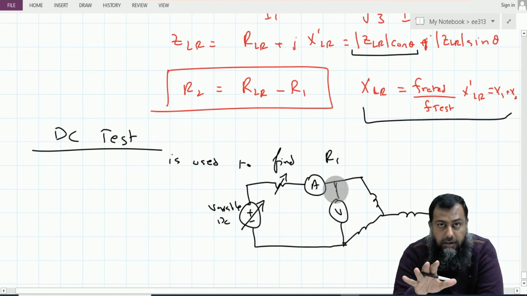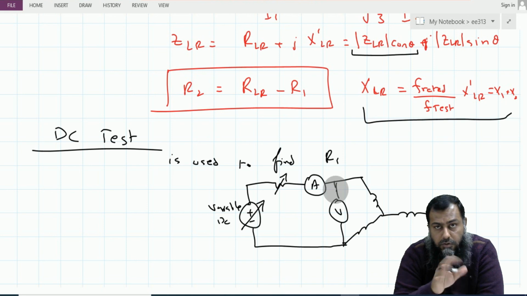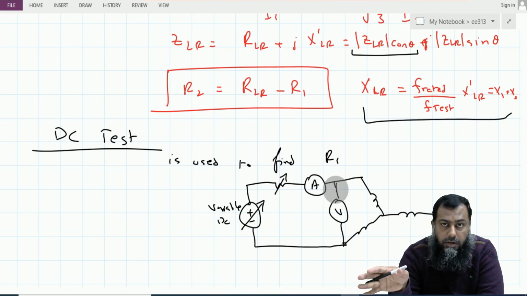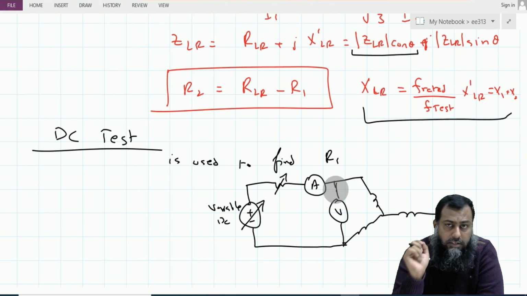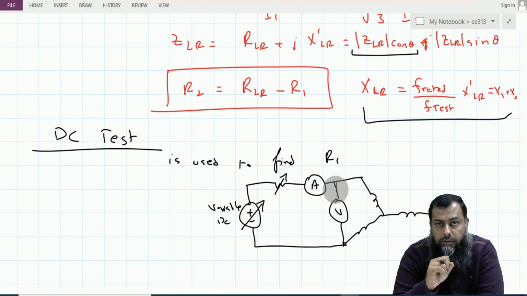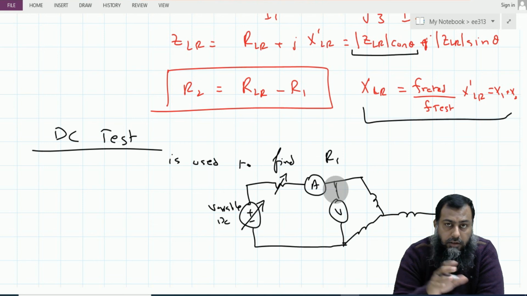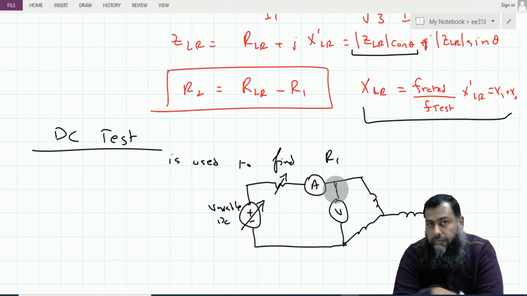Now because we are supplying DC to the stator circuit, there is no revolving magnetic field, and consequently nothing is induced in the rotor circuit. So forget about the rotor circuit. The only thing left is the stator circuit. Because we are operating on DC, the impedances due to the reactances of the stator circuit as well as the magnetic circuit are both gone.